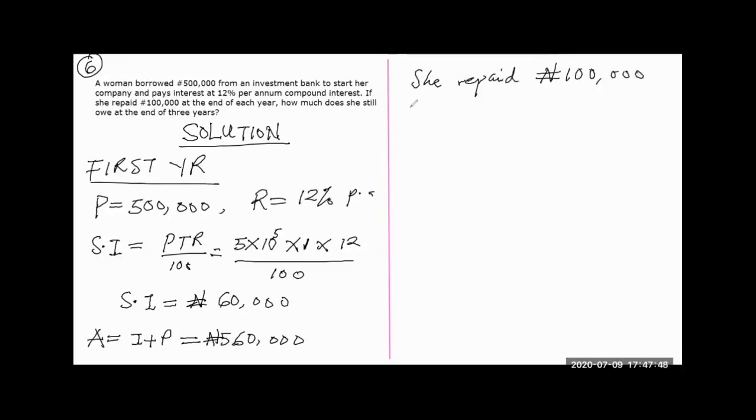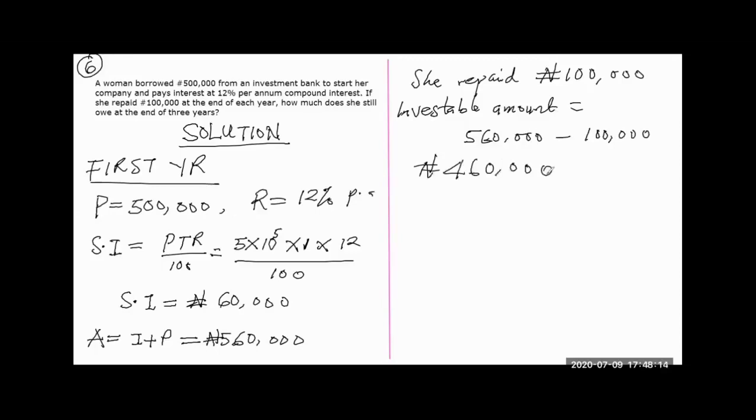So what will be the active principal now, the investable amount for the second year? It is going to give us 560,000 minus 100,000, and of course that will give us 460,000 naira. So this is now the active principal, the investable amount for the second year.